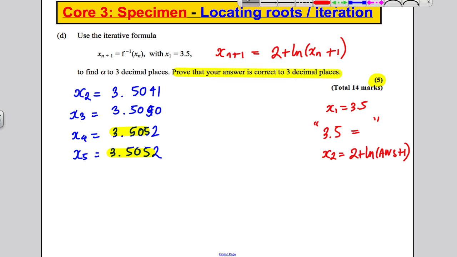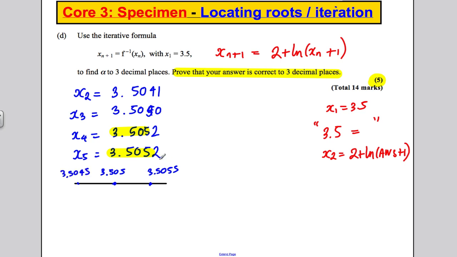So what you need to do, as we've always done in the past, this is what our answer we think is, 3.505. We need to check 3.5055, and we need to check 3.5045. So what equation is this?